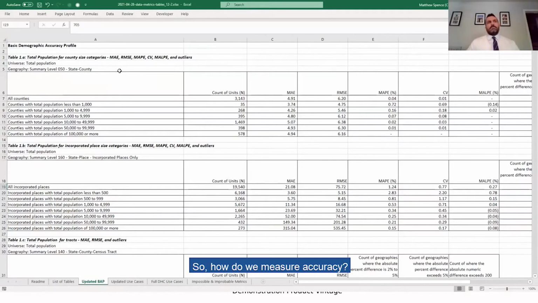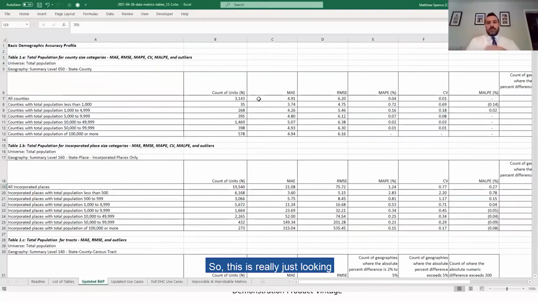So how do we measure accuracy? Well, one way that we do it is we get a run from the disclosure avoidance system, the top-down algorithm. We get a run of microdata, and we tabulate the data. Then we compare those tabulated values to our actually published 2010 values. Remember, this is all 2010 data.